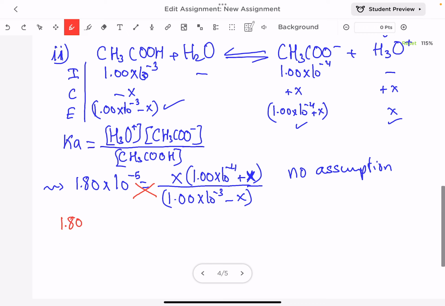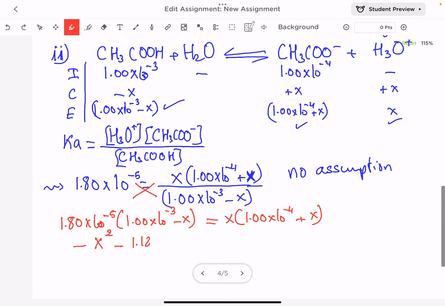So 1.80 times 10 to the power negative 5 multiplied by 1.0 times 10 to the power negative 3 equals X times 1.0 times 10 to the power negative 4 plus X. So if we distribute, we reach a quadratic equation of second degree: X squared plus 1.18 times 10 to the power negative 4 X minus 1.8 times 10 to the power negative 8 equals 0.